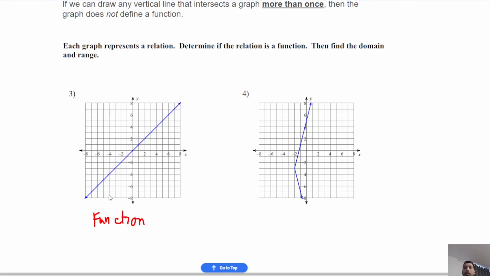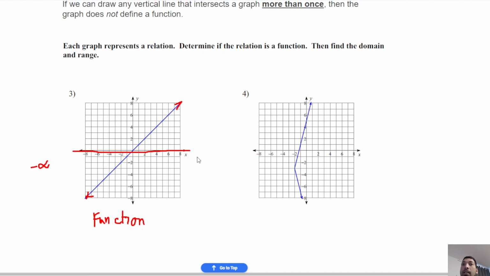Now let's try to determine its domain. We can see that there is an arrow indicating to the left and also an arrow indicating to the right. So this arrow is indicating that the graph is going all the way to the left, and this arrow is indicating that the graph is going all the way to the right. So on the x-axis, the minimum value which is going to the left is -infinity, because we don't know this lowest value.